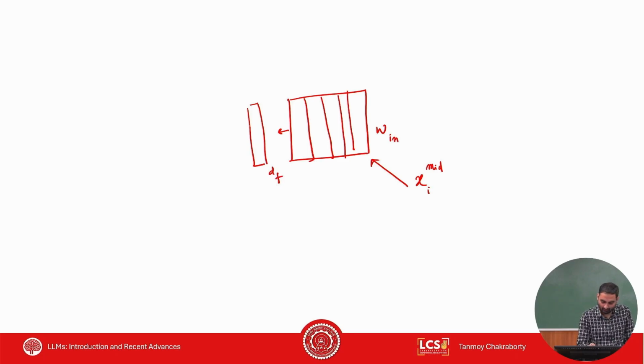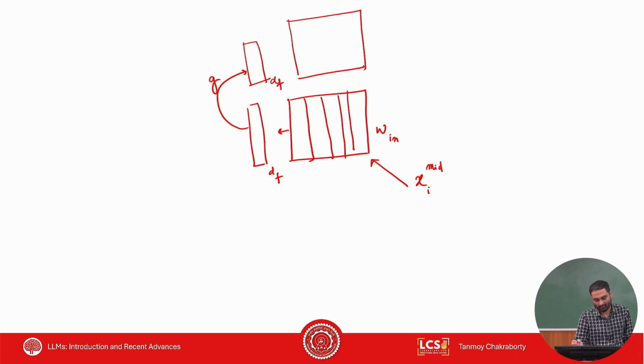This will be passed through G, which will produce another vector of size df, and you have this value matrix W out. You multiply this with this, and it will basically produce a vector of size t.